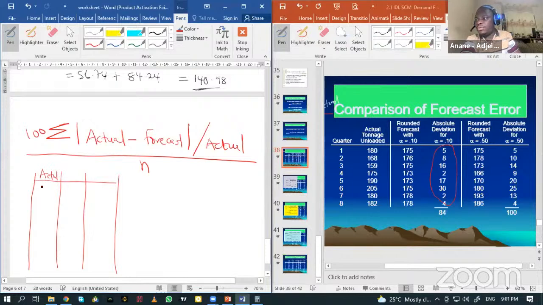So we have 180, 168, 159, 175, 190, 205, 180, and 182.